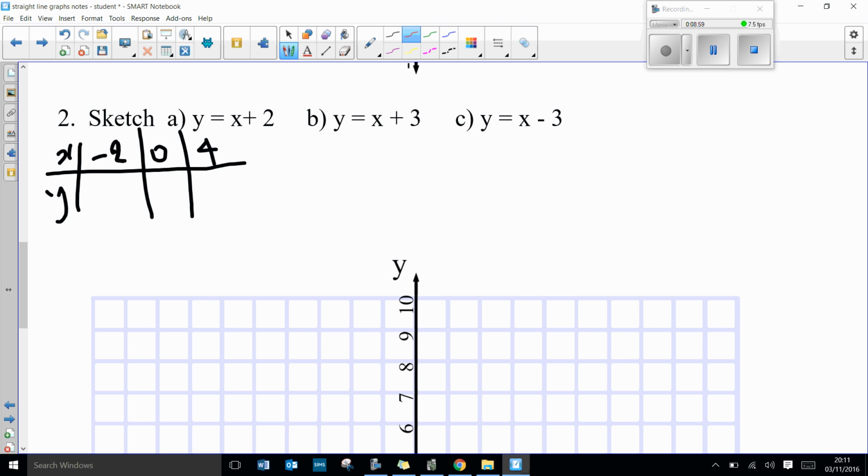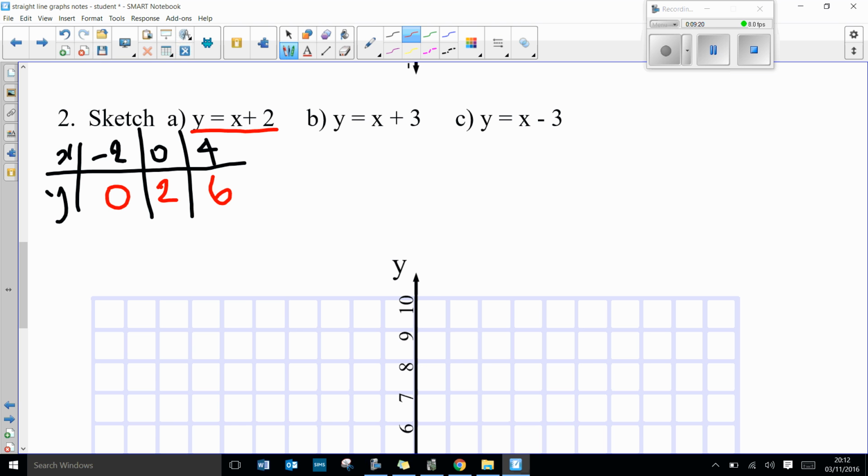I then substitute those in, just like we've been doing, into the equation. So for this one, it's going to be x plus 2. So when it's -2 plus 2, 0. 0 plus 2 is 2. 4 plus 2 is 6. They are my 3 coordinates.